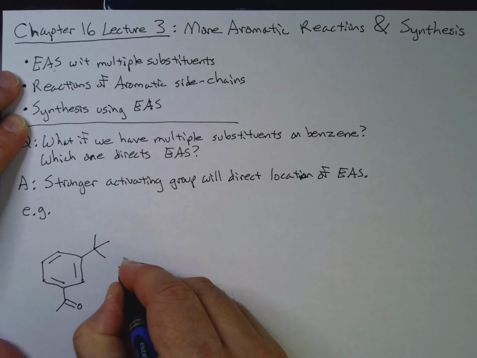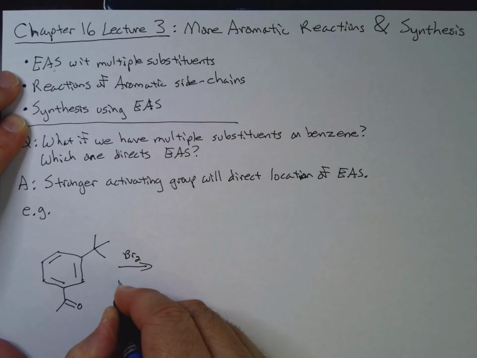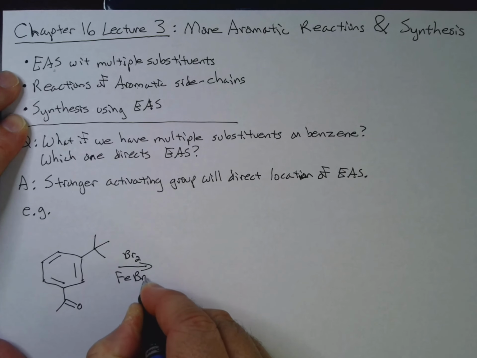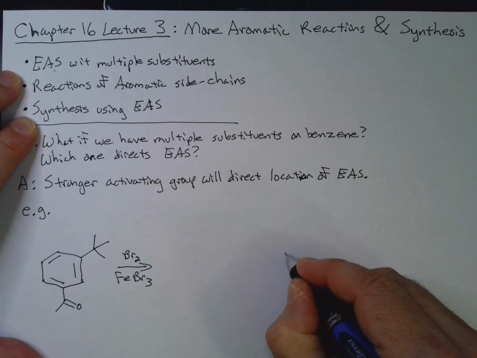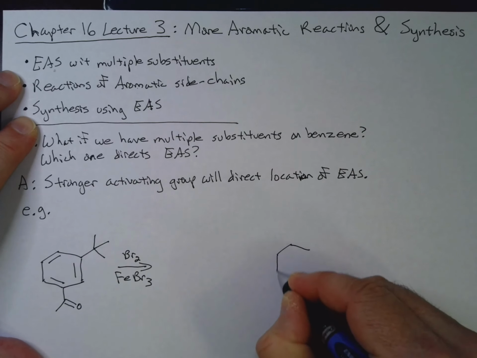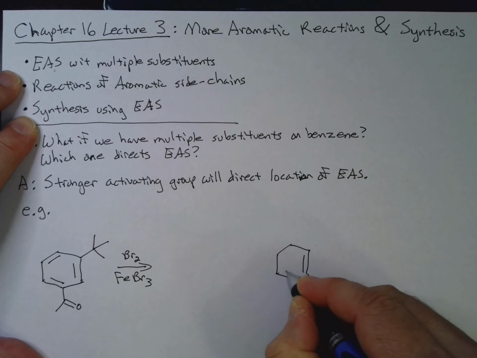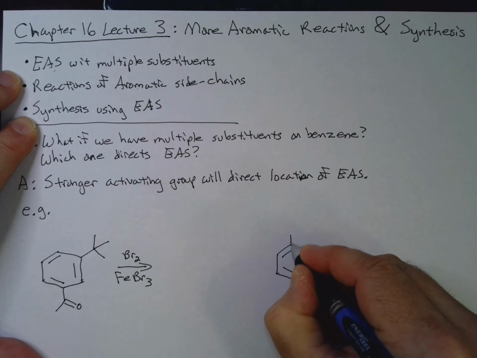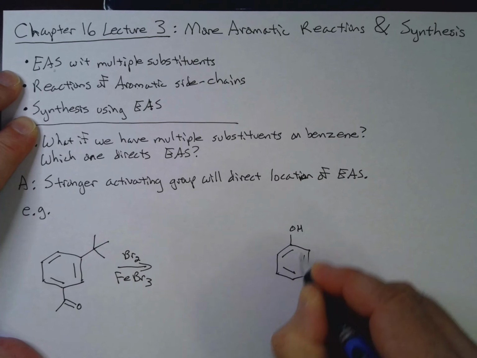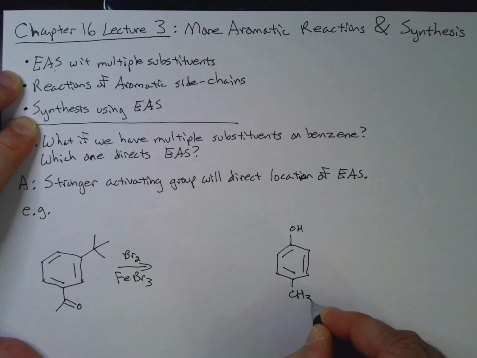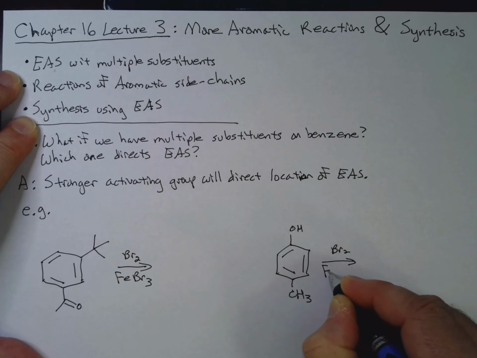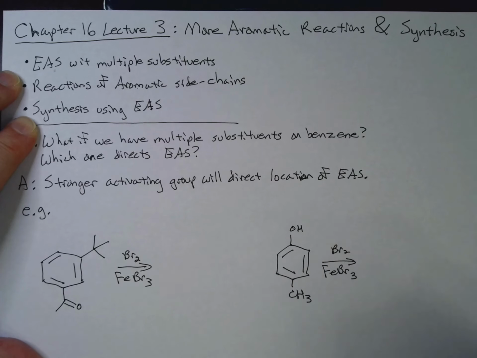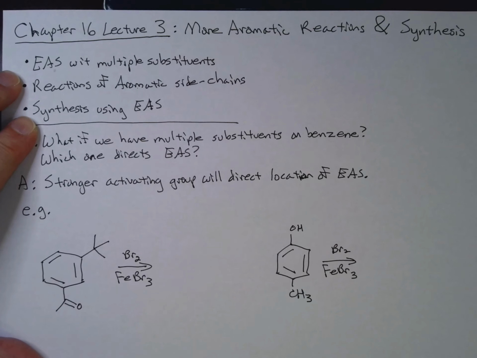Let's say we do Br2, FeBr3, and then let's do another one here. Let's do OH, CH3, and Br2, FeBr3. All right, so what are we going to get?